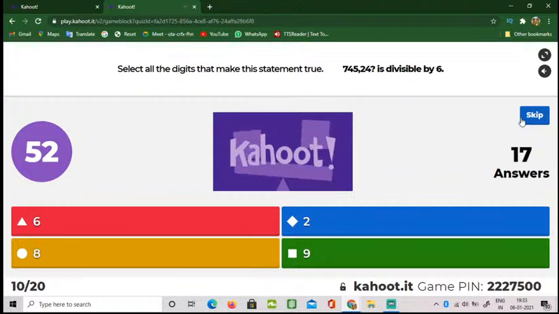Let me say the divisibility rule of the number 6. The divisibility rule of the number 6 is that the number should be divisible by 2 as well as 3. I've got 17 answers. I'm waiting for all of you to answer.